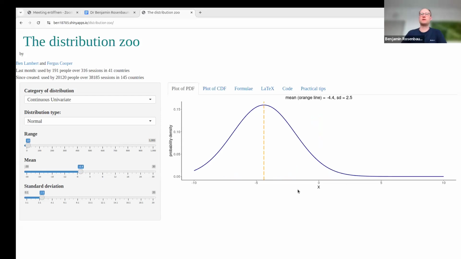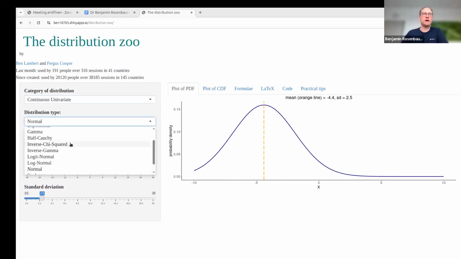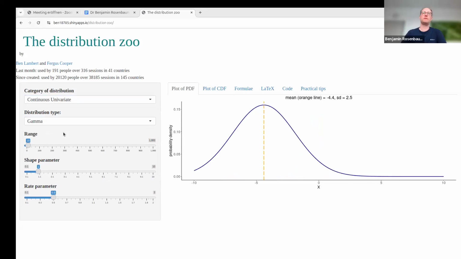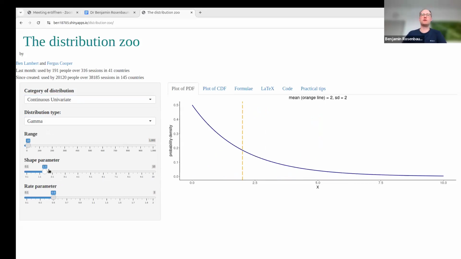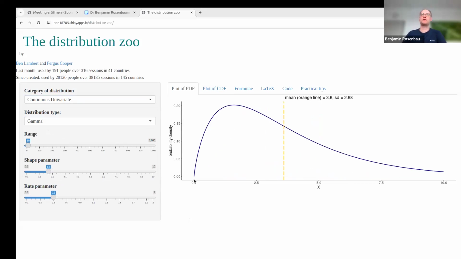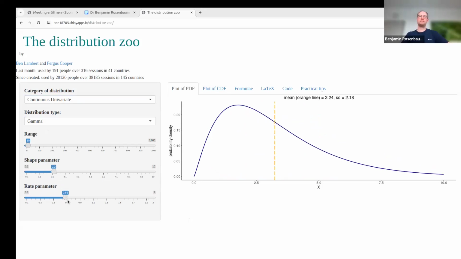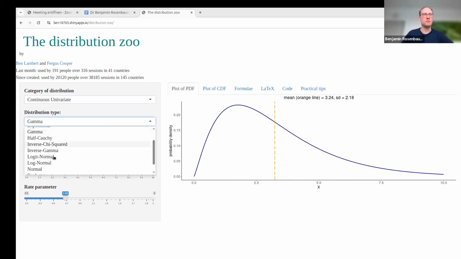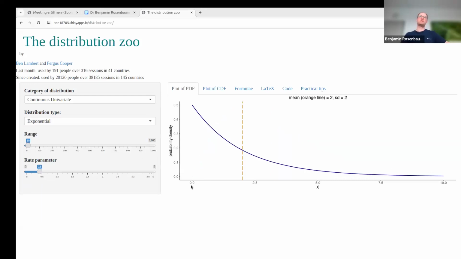Right, so the normal distribution is not bounded, but maybe you are interested in a distribution which is bounded at 0, and there the gamma distribution can be a choice. Right, so here it is bounded at 0, and it has some parameters. This is sometimes a good choice, or the exponential distribution. That's a function, again, bounded at 0, and it just has one parameter.